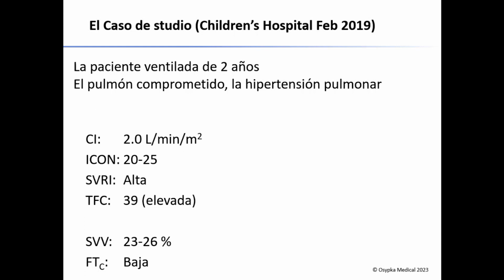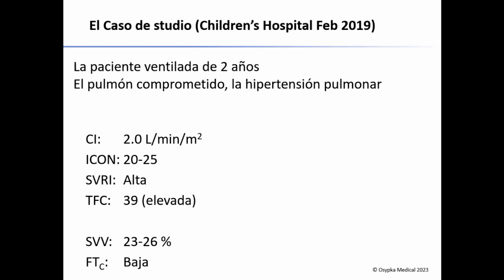Okay, now it's getting more interesting, less technical. We go over some case studies. That's a 2-year-old girl with pulmonary hypertension in a big US American hospital.